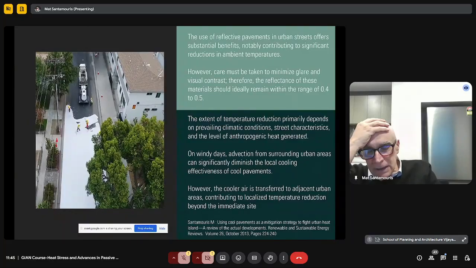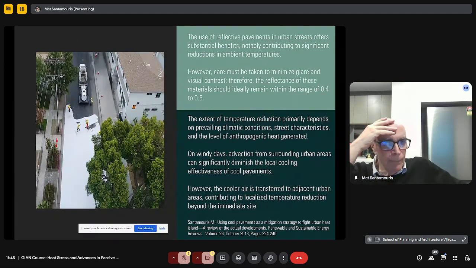So usually when we are using cool pavements on streets or pavements, we do not use materials with a total reflectance higher than 0.4 or 0.5. After some time, because of the aging, these materials will present a reflectance of no more than 0.3, 0.4. So the increase of the reflectance that we propose for the urban environment is of the order of magnitude of 0.3, 0.4.